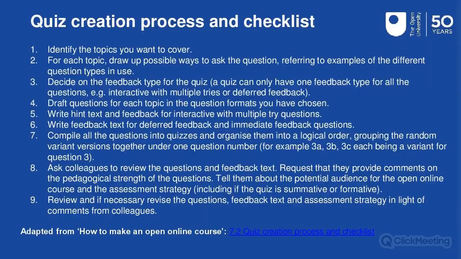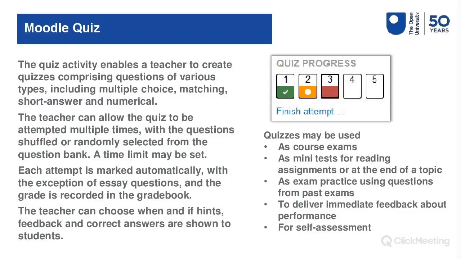So once you have a series of questions for your quiz, you can start building in your online course. And Moodle Quiz enables a teacher to create quizzes comprising questions of various types, which I've already mentioned, including multiple choice and matching and short answer and numerical questions.